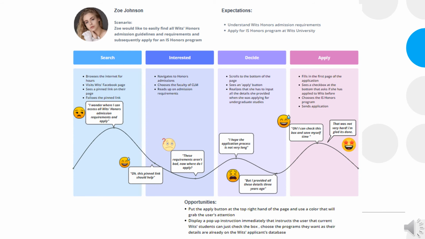And that's basically it. You've created your user journey map. You know what the user's emotions are as they interact with the system, and you know how you can improve after you've gotten feedback from your users.